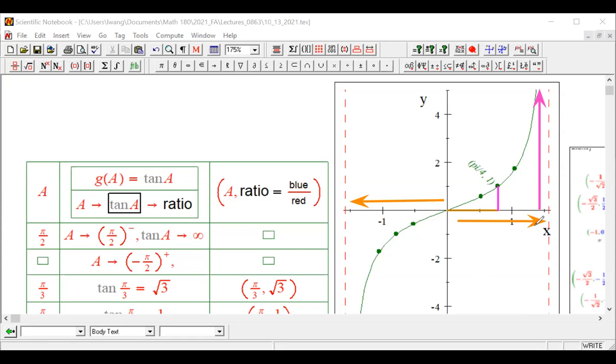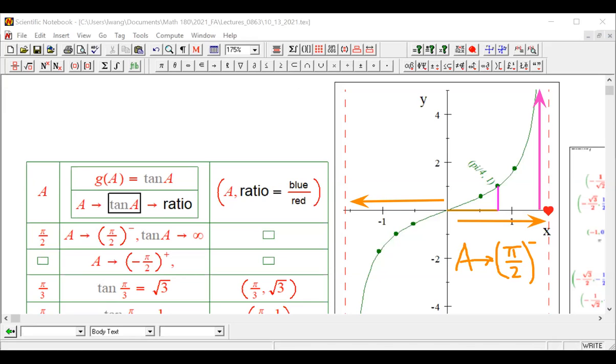Okay, so in this direction, it's A approaching pi over 2 from smaller than pi over 2. This point is pi over 2. This dot is pi over 2.